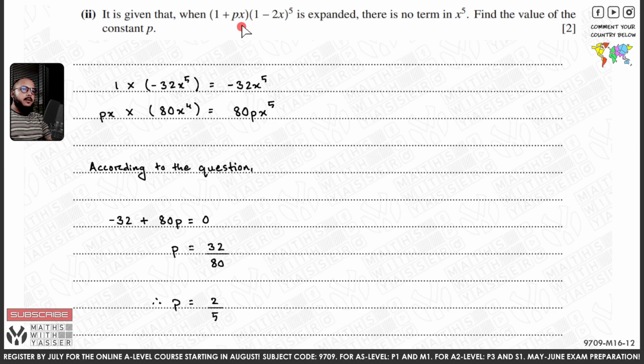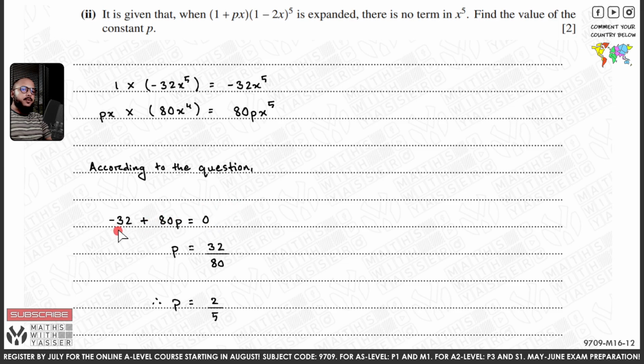And again, if we need to get the coefficient of x to the power 5, we need to multiply px with the coefficient of x to the power 4, which was 80. That will give us 80px to the power 5. Now, according to the question, we need to sum these two, and that should be equal to 0.